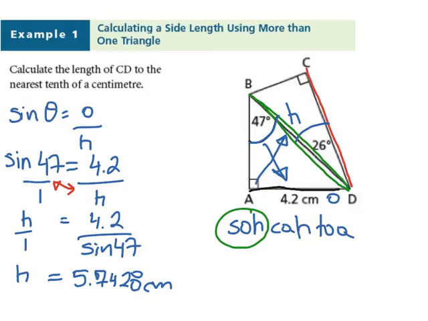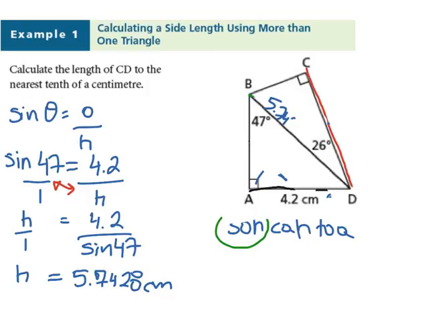So now let's focus on the line segment CD. We know that now BD is 5.7428. We have an angle. We have to relabel the triangles.